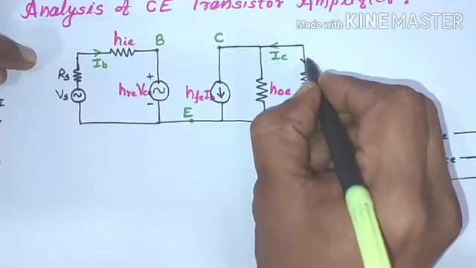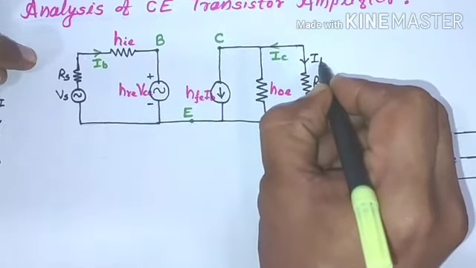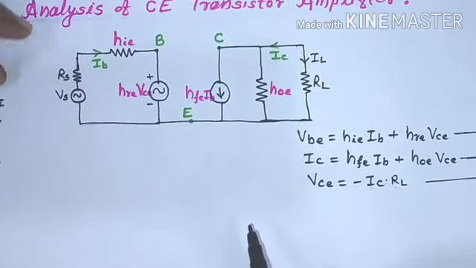Here, IL is the current flowing through this load resistance.